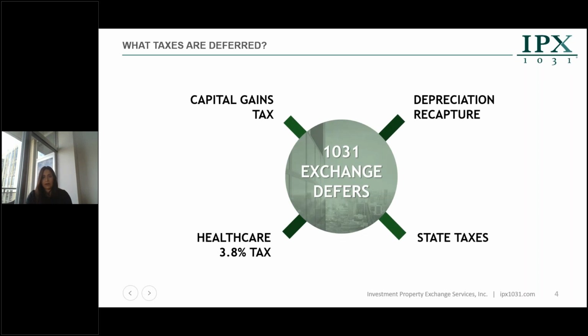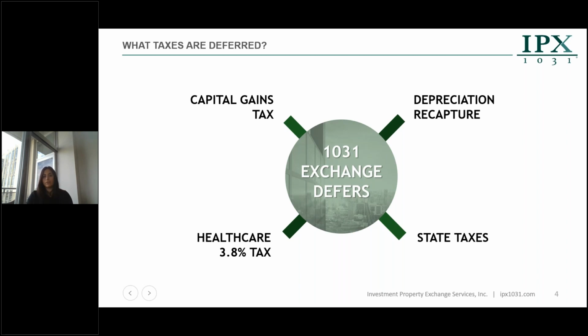The biggest benefit of participating in a 1031 is the tax benefit. So it's a tax strategy, and some call it the last tax loophole that's out there. And this slide outlines some of the taxes that are deferred through the 1031 exchange. So capital gains tax, which is either 15% or 20%, depreciation recapture tax, which is about 25%, the 3.8% healthcare tax, state taxes.